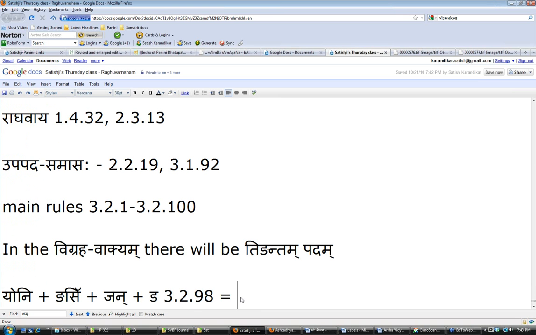Let's do some simple operations. Take the yoni, remove the nyasi, and keep jan and remove the it letters. When it makes a compound, it gets a pratipadika sanya by krit tadita samasascha. There are also two very important operations for any compound.